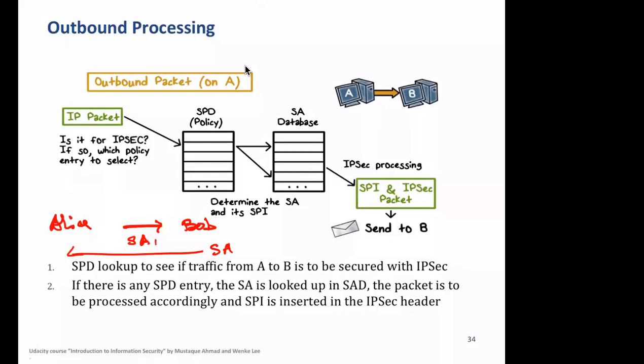So an IP packet comes. Alice's laptop generates the IP packet, then is it for IPSec? Should we do IPSec or not? And if so, what policy is to be selected?